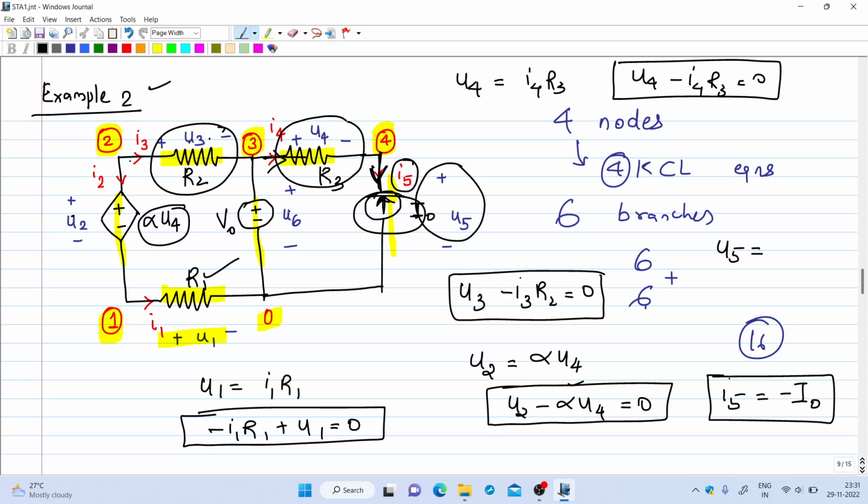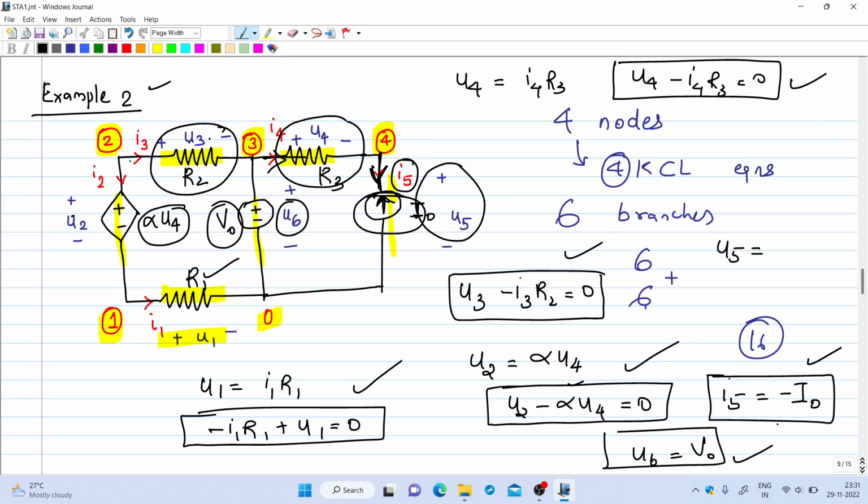Then coming to the sixth branch, U6 is nothing but V0. U6 is equal to V0. So we got 6 branch constitutive relations. Adding this to 6 branch voltage definitions and 4 KCL equations, we will get 16 equations. So that is how we can formulate the equations in the sparse tableau approach.